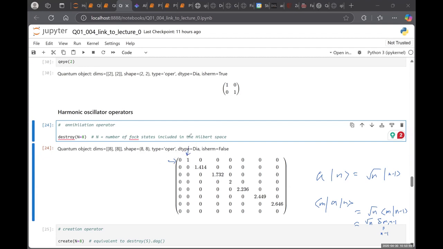So it's 0, 1, 1, 2, 2, 3, right? So that's the truncated annihilation operator. First is 1, square root 2, square root 3, square root 4, etc. Yeah, it's done.